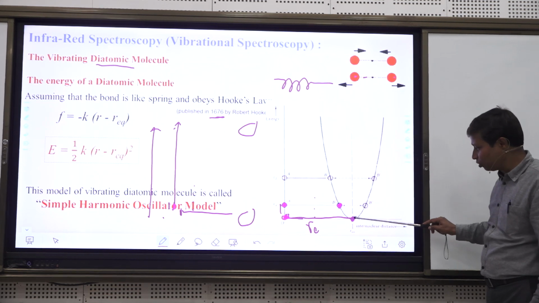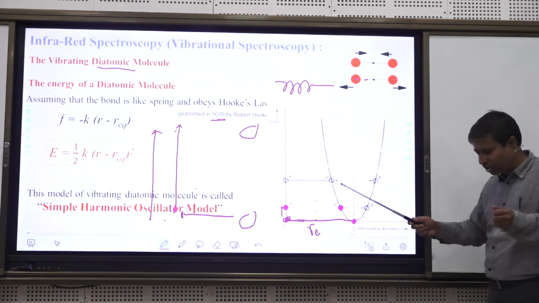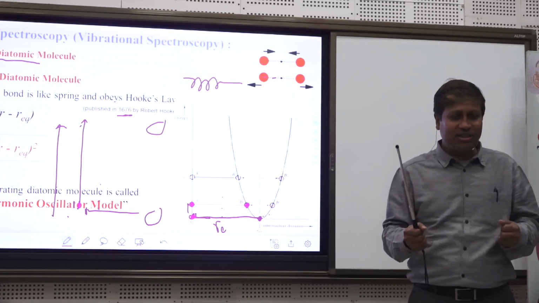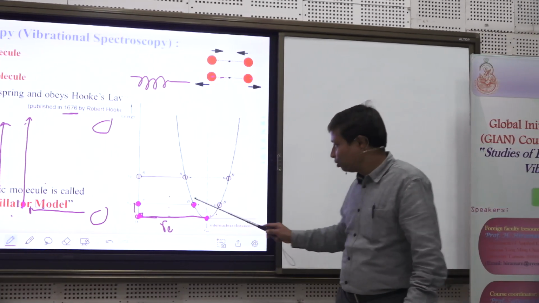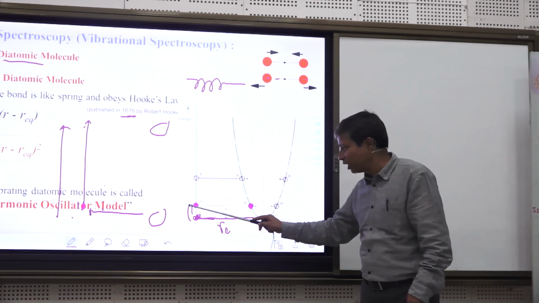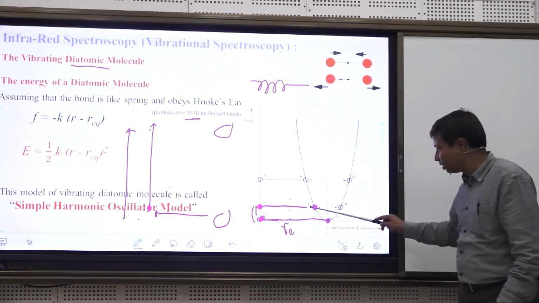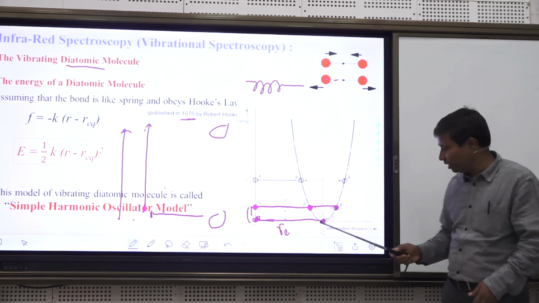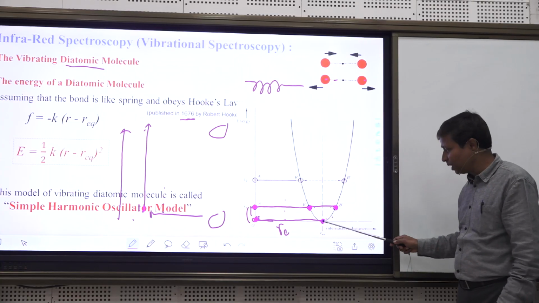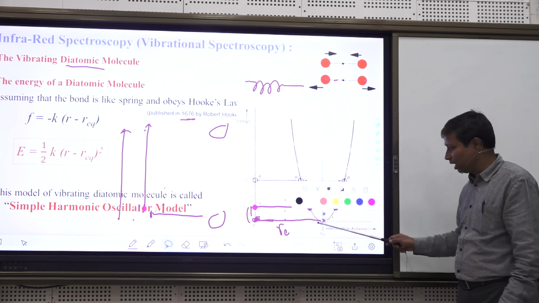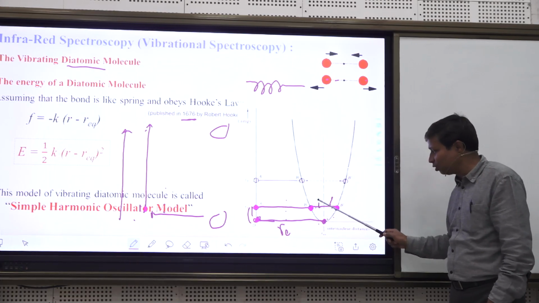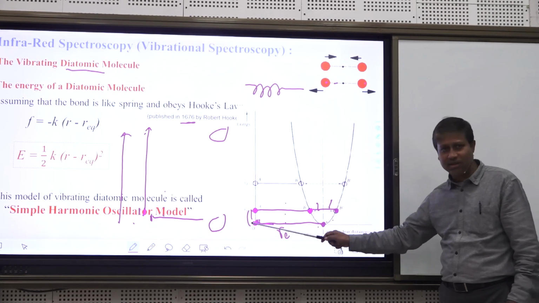Now when you stretch it, that is not a stable position. That means the system has more energy. When you compress compared to the stable position, the same amount of stretching and compression will give the same rise in system energy.